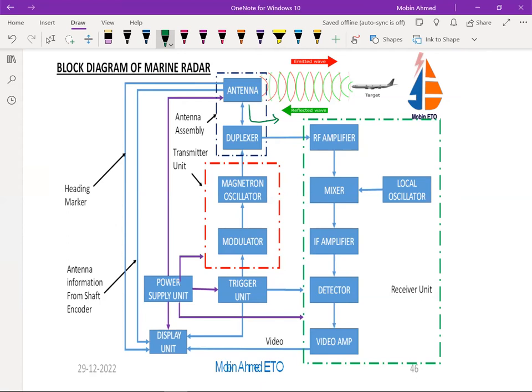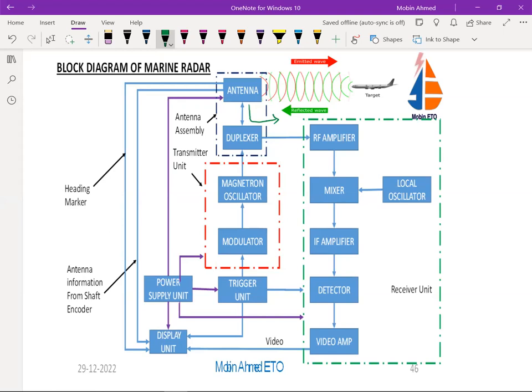Where the antenna is positioned, it is transmitting and receiving also, and at the same place we want it to be presented in the display. So this is how we get the accurate bearing of any echo of any object, the direction.